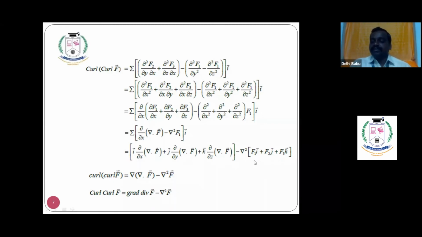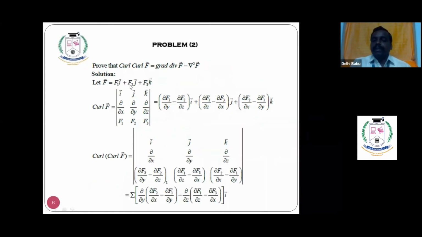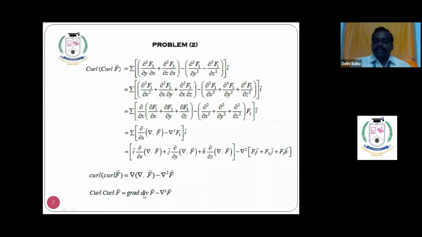That's here. Now which is nothing but already know I vector dou by dou x plus j vector dou by dou y plus k vector dou by dou z is nothing but del, and this del dot f is here minus del square this f1i plus f2j plus f3k, which is nothing but f vector. See the equation, your f1i plus f2j plus f3k is nothing but f vector.